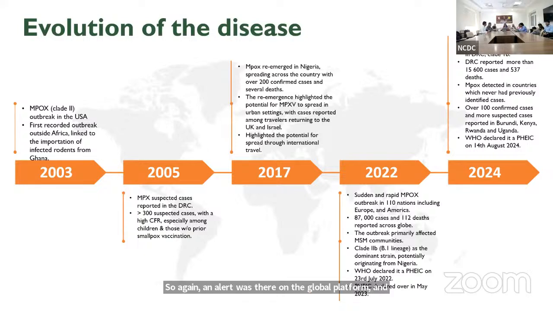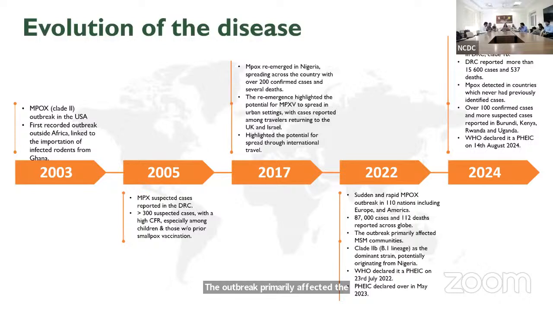And then in 2022, if we look at the nature of the outbreak, it was a sudden and rapid Mpox outbreak in 110 nations, including Europe and America, and 87,000 cases and 112 deaths were reported across the globe. The outbreak primarily affected men having sex with men, the MSM community.